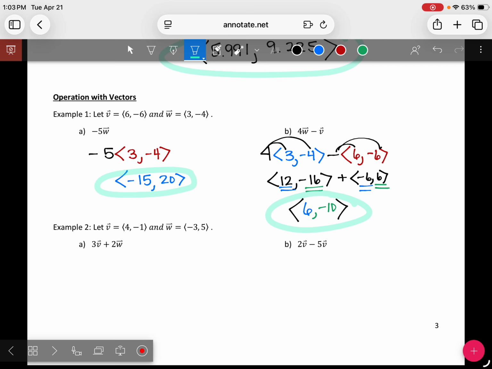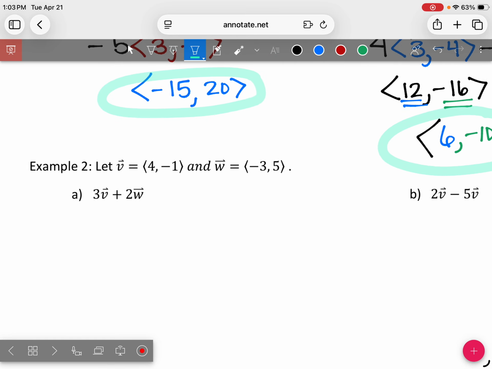All right, let's look at example 2. Go ahead and multiply the first one by 3 and the second one by 2. I'm going to freeze my screen.